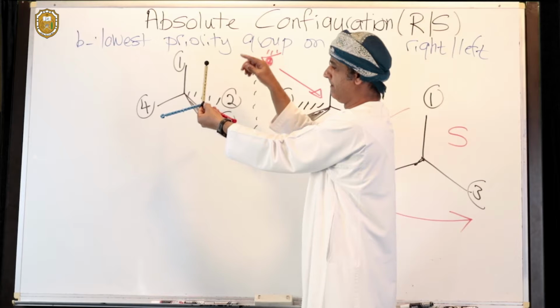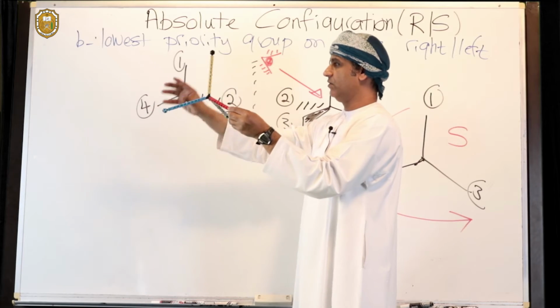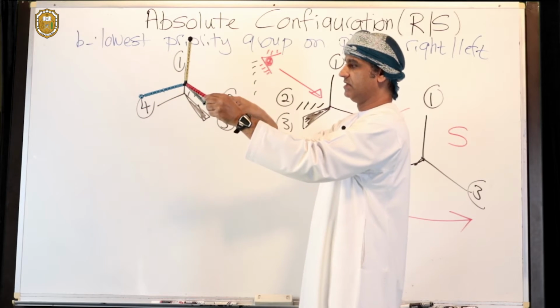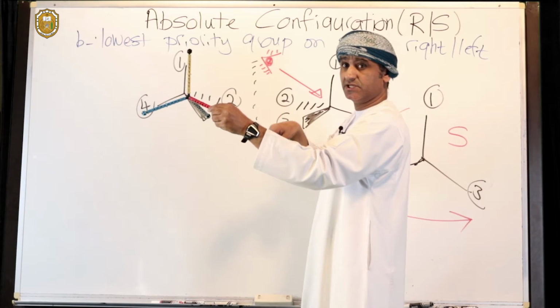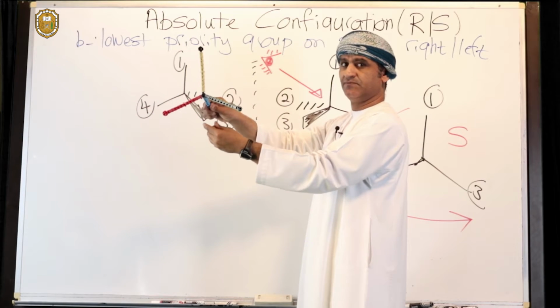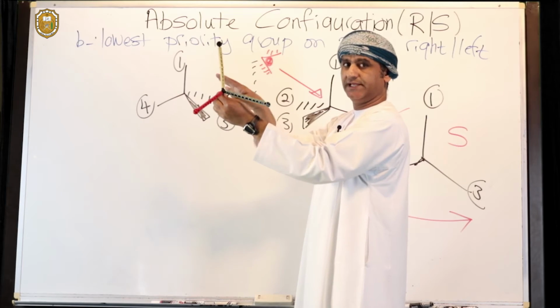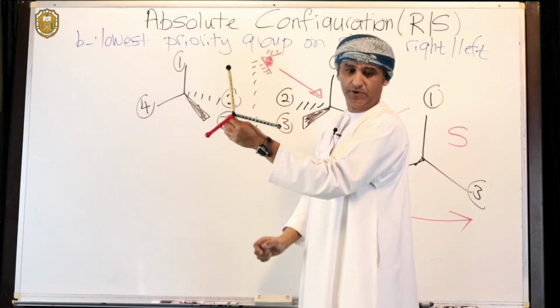So we have 1, and we have 2, and we have 3. So it's something like that. Again, that's 4, that's 1, this is 2, this is 3. So we have 1, 2, 3, and therefore this is clockwise rotation, and it is R. Number 4 is invisible or unseen. That's exactly the bottom line.